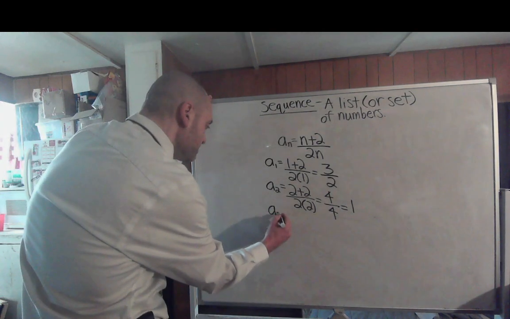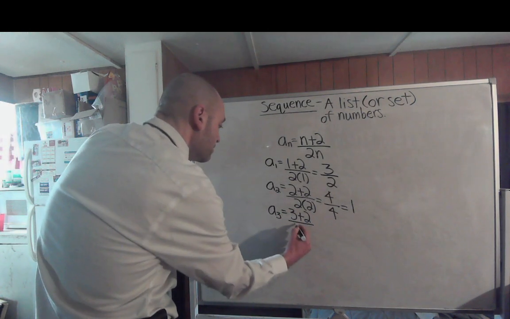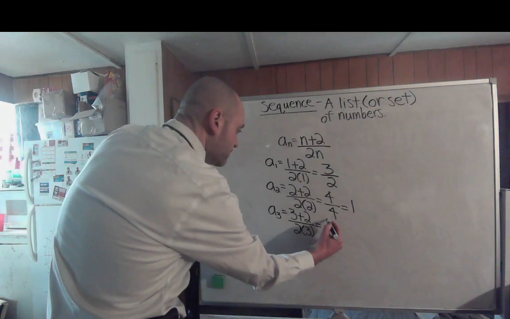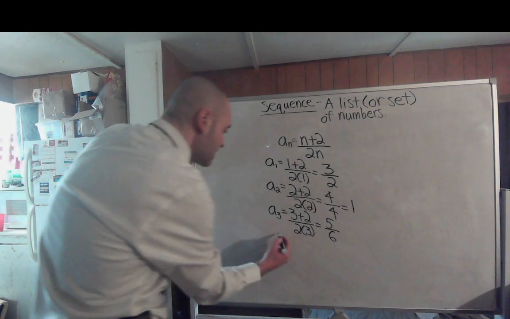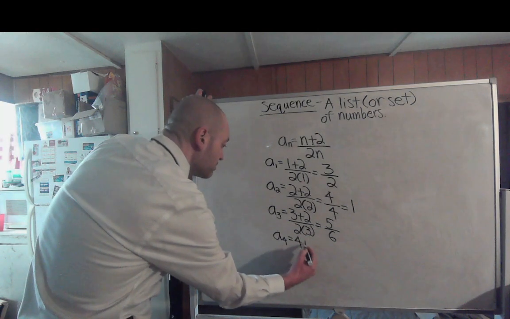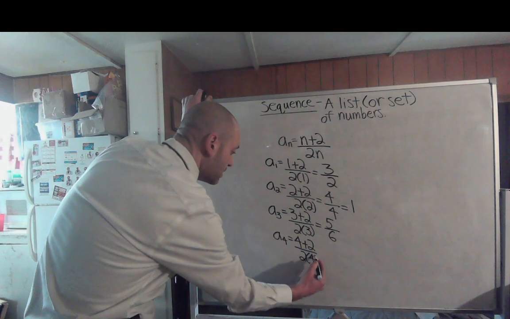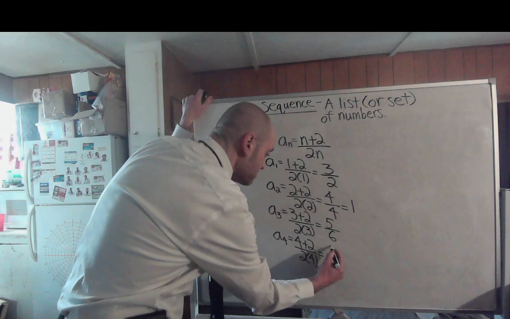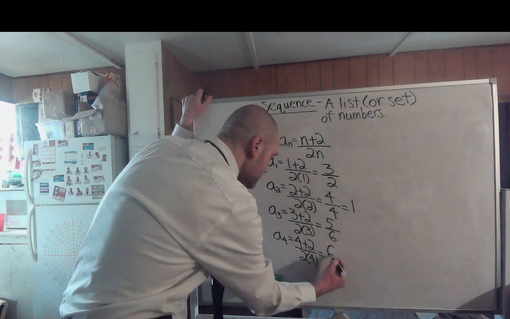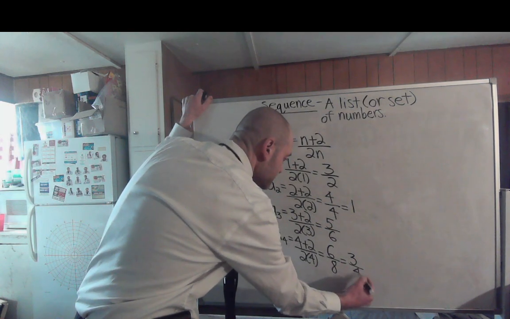Now what about a sub 3? That's equal to 3 plus 2 over 2 times 3. Well, that's going to equal 5 over 6. A sub 4 would equal 4 plus 2 over 2 times 4, which would end up giving you 6 over 8, which we know reduces to 3/4.